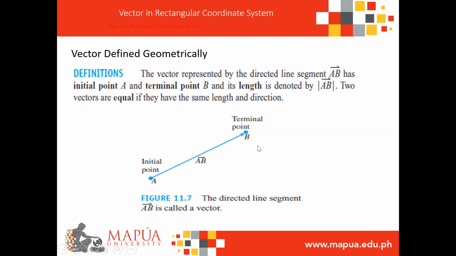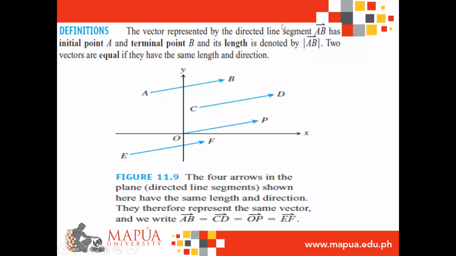As you can see in this figure, we can have here a line segment AB, which is also a vector. In this slide, we see four line segments, which are AB, CD, OP, and EF, that have the same length and direction.